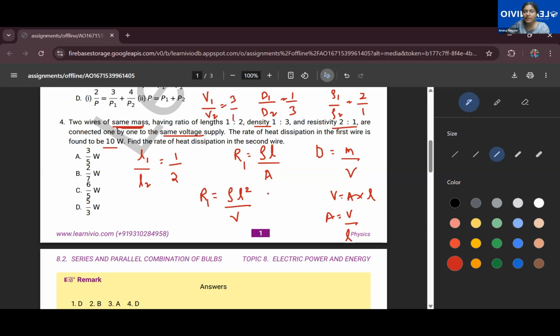So from here you will get R1. Similarly, you will get R2, because resistivity ratio is there, length ratio is there, and volume ratio has been taken from density. Then similarly, you will calculate R2 as ρ2 L2 square divided by V2. Resistivity is also given, length and volume from here. Once you have R1 and R2, plus you need the power. P1 by P2 will be R2 by R1. Why? Because V square will get cancelled, same voltage. So from here, whatever other resistances, one power is given, P2 has to be calculated.